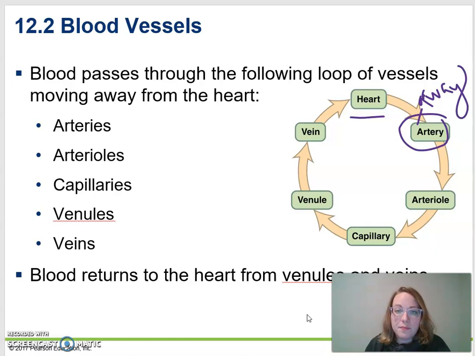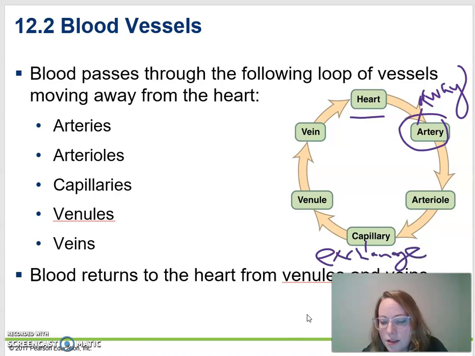Okay, so these are really big. They're under high pressure. They're going out to their targets. So they branch and branch, and as they get closer and closer to their targets, they become arterioles, and those arterioles lead to capillaries. So this is where we have the exchange of gases, wastes, nutrients, and then they've done their job, and now they're going to start returning back to the heart.